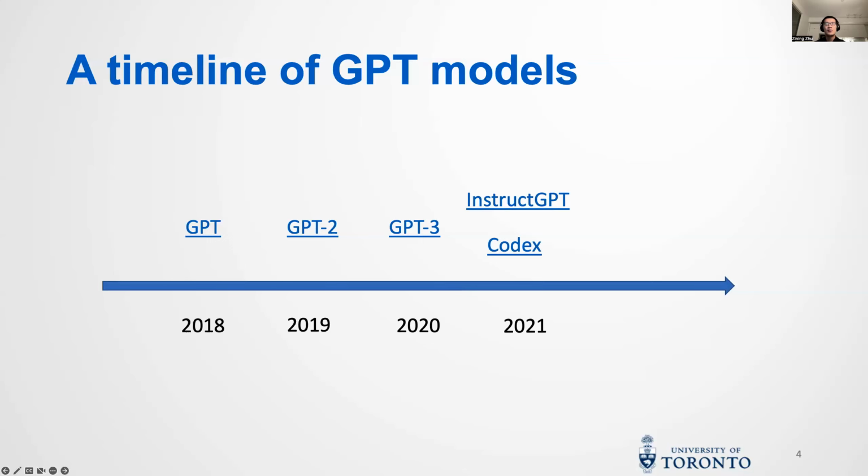InstructGPT improves the models with human feedback, and Codex is trained on both human and programming languages. In 2022, OpenAI combined the technology of InstructGPT and Codex and released the newest member in the family, ChatGPT.